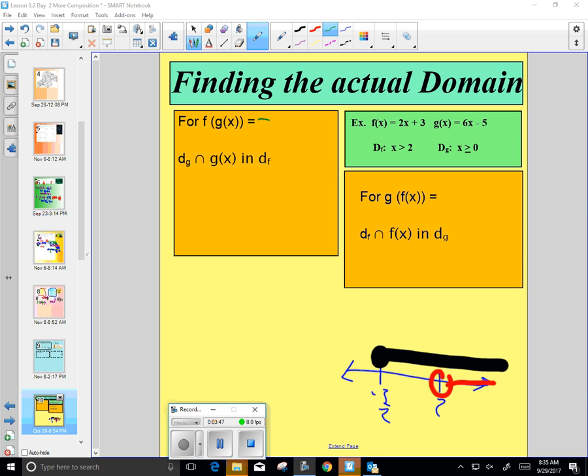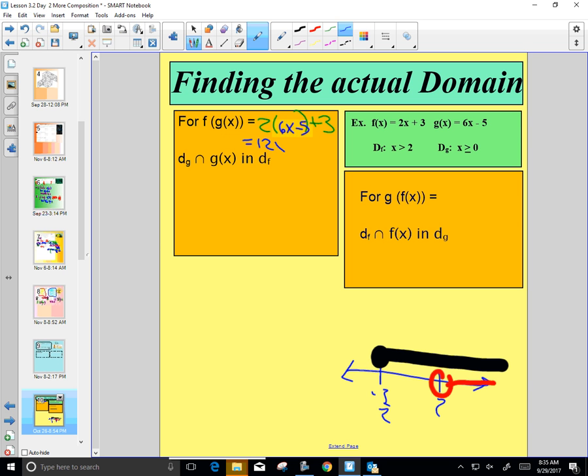Outside, we'll write 2x plus 3. And what we put inside is 6x minus 5. And I get 12x minus 10 plus 3, which is minus 7. How many got 12x minus 7 for that? Is that good? All right.